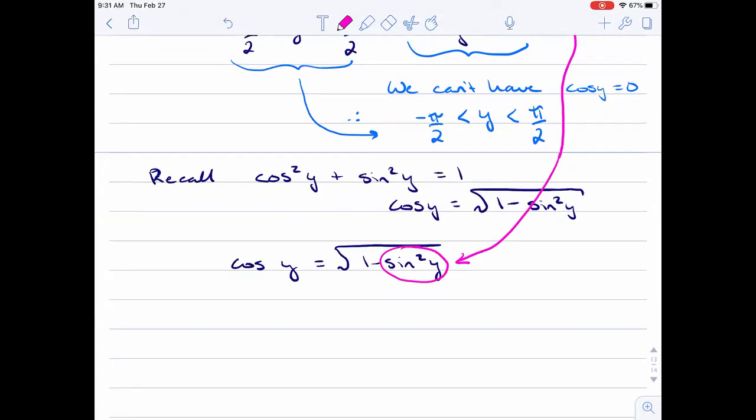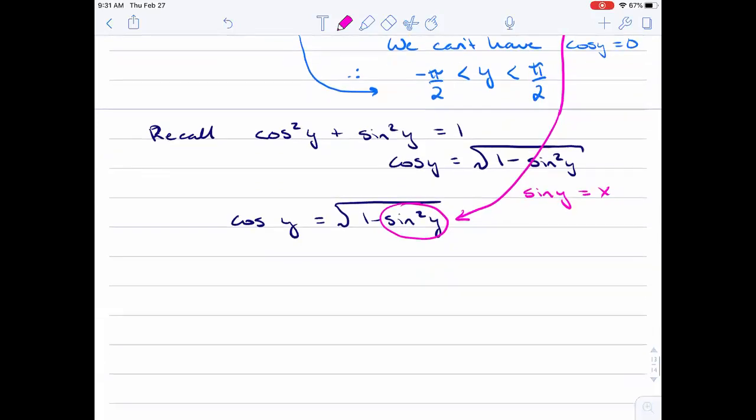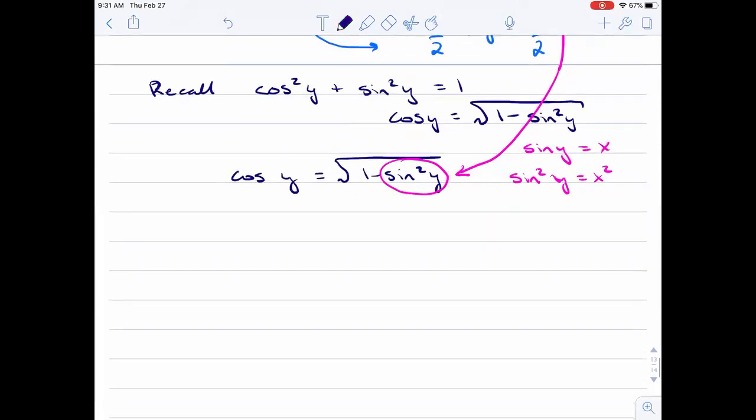Yeah, right, because we said that sine y equals x. So then sine squared y must be x squared. So now we're able to replace this and say that cos y must be the root of 1 minus x squared.